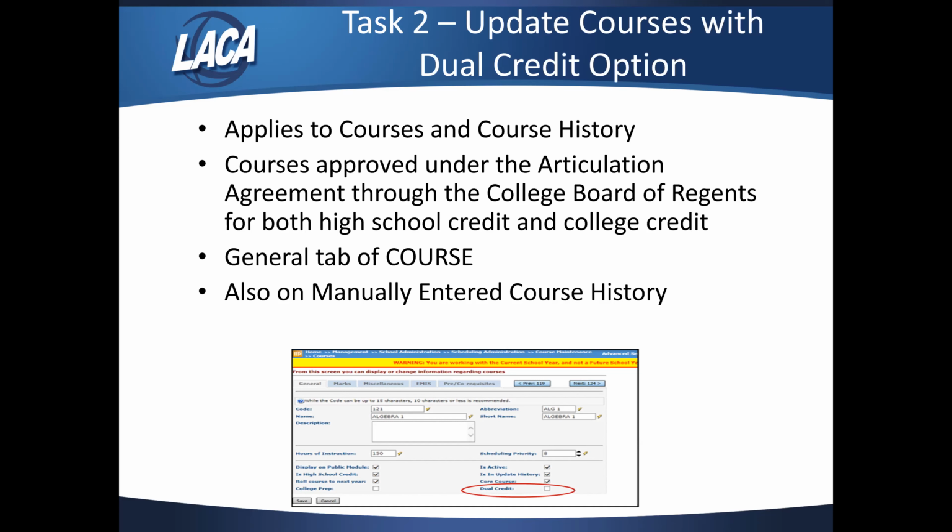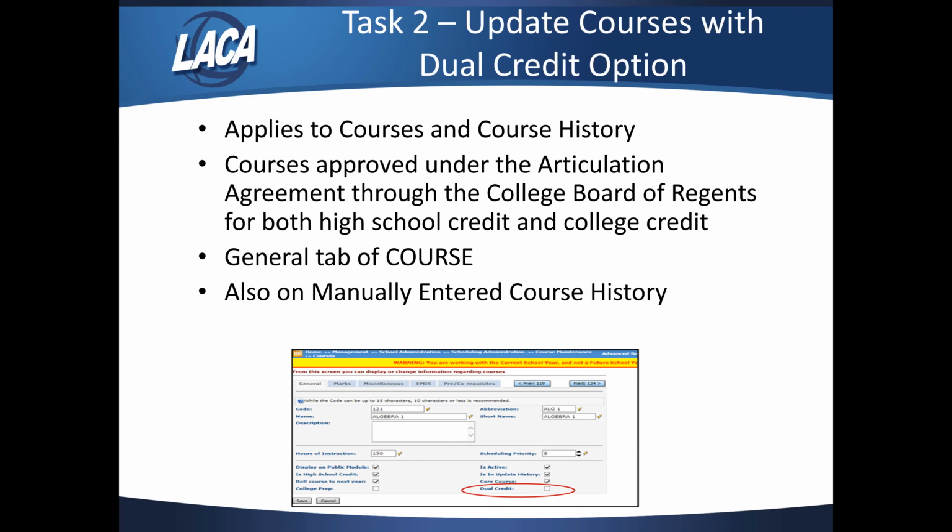What you make in 2021 will affect the student's course history for 2021, and what changes you make in manually entered course history applies to whichever year that course history is for.